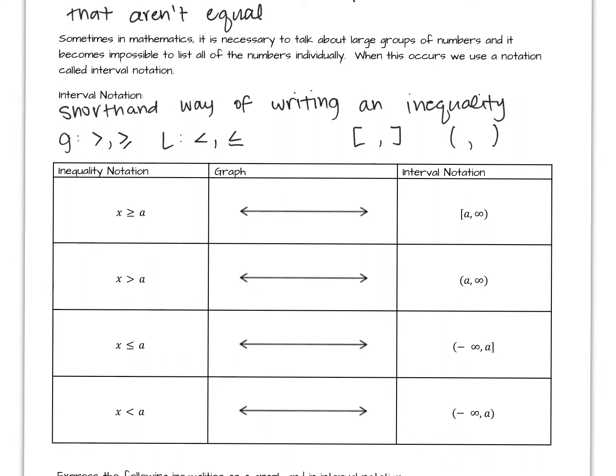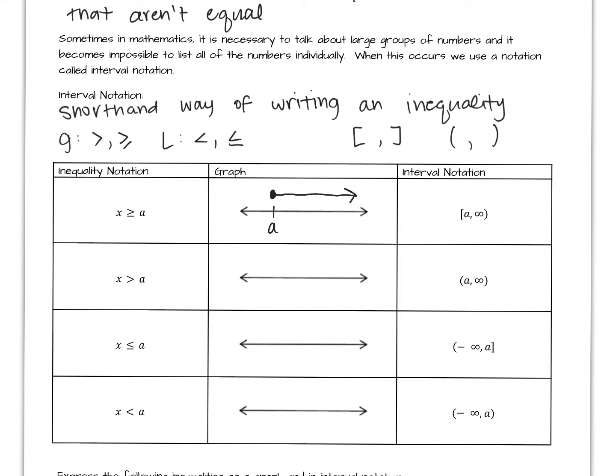Suppose we have the inequality x is greater than or equal to a, and a can fall anywhere on our number line. Let's say a is here. On a number line, we would put a closed circle over it for the equal to, and shade everything to the right. For interval notation, we use a bracket, then our number a, comma, infinity with a parenthesis.